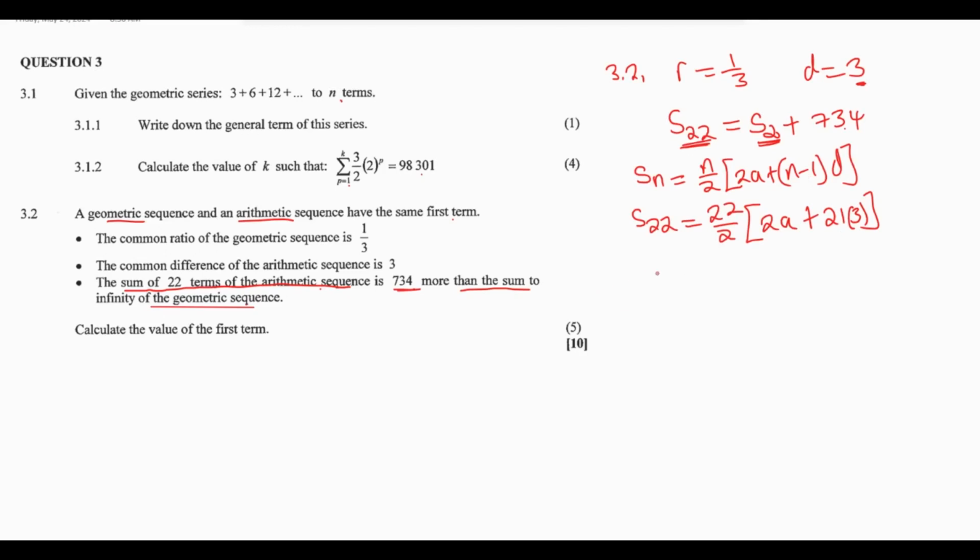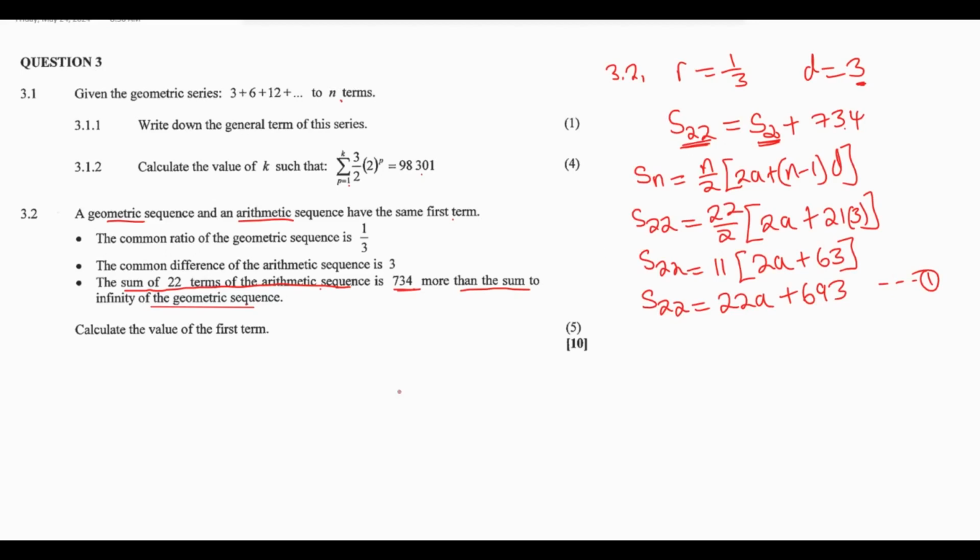We can simplify this. This becomes S_22 equal to 11 times (2a plus 63). Okay, let's distribute 11 here. So the sum of 22 terms is equal to 22a plus 693.